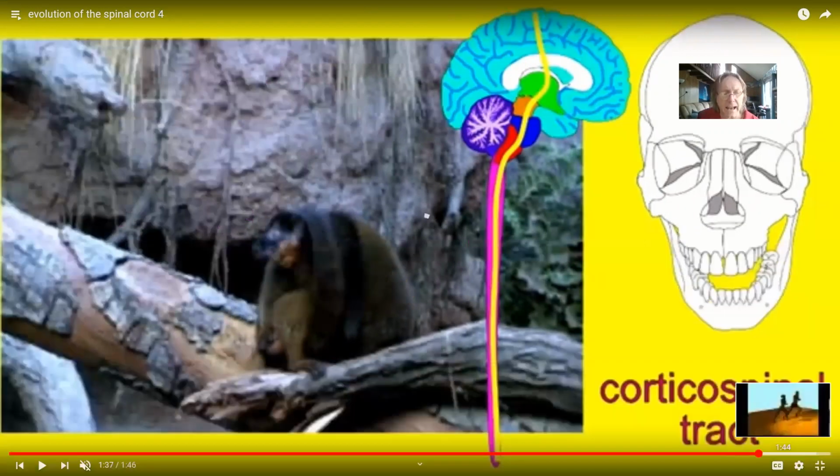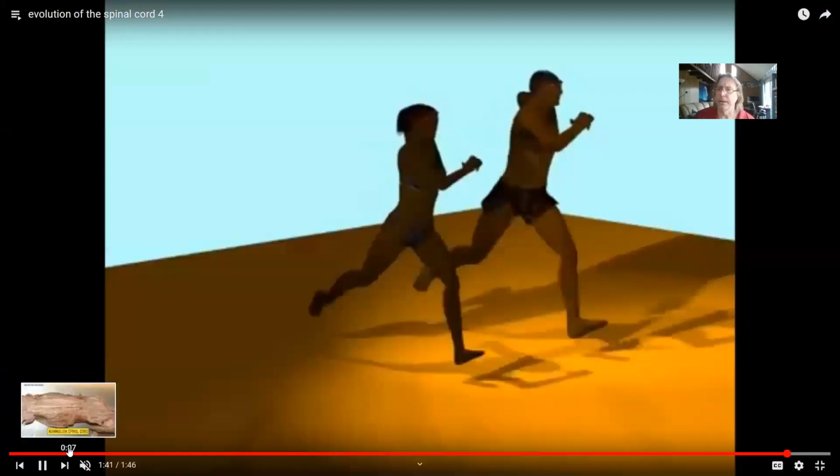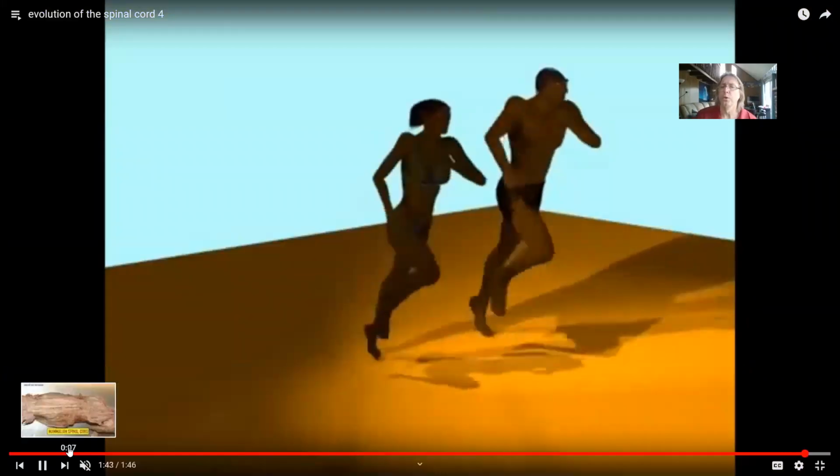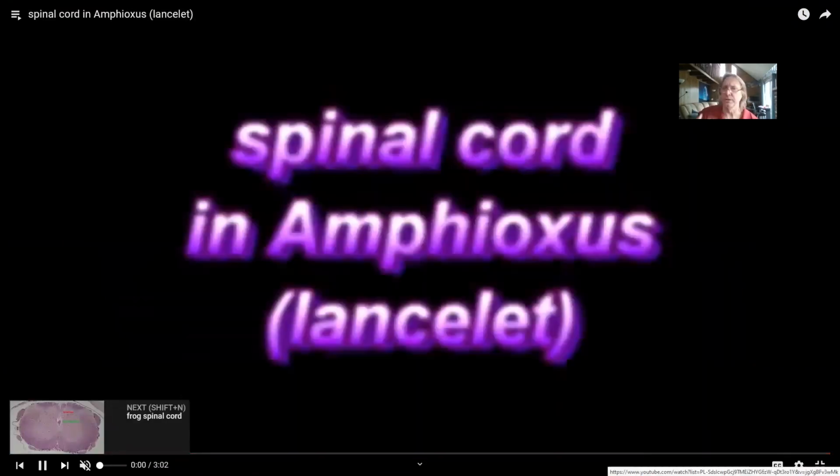And so once again, as we look at the spinal cord, whether it be the digital dexterity in the hands of primates or the coordination of running, these are all using anatomical aspects of the spinal cord, which have evolved slowly over time.